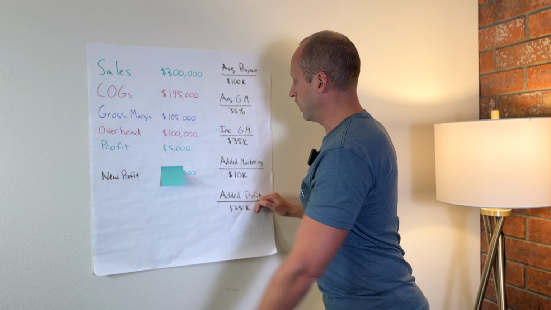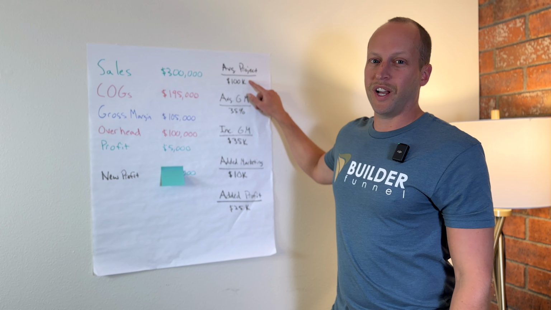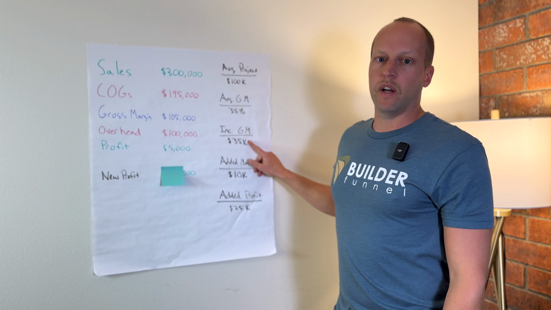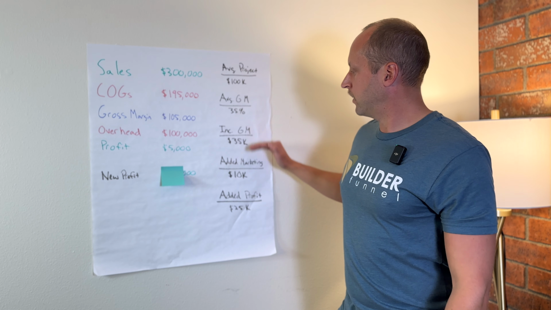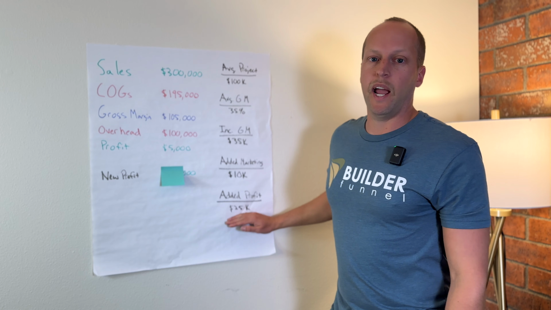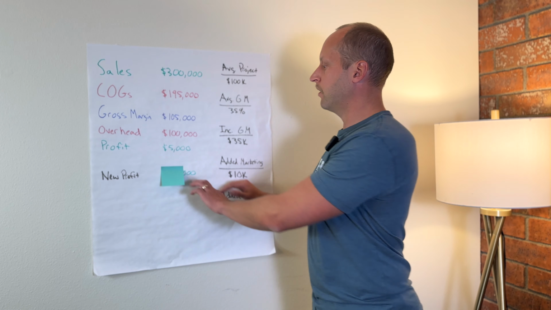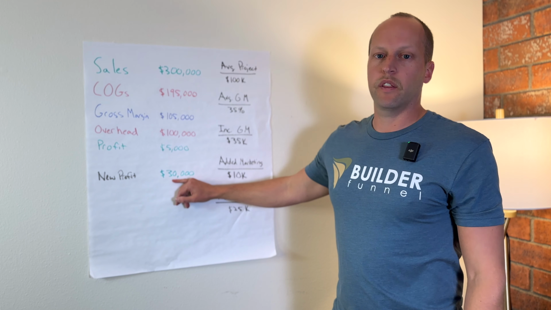And so if you are going to spend $10,000 to bring in one new customer, that means you're bringing in $35,000 in gross margin, right? So we're going to take our $35,000 minus the $10,000 that it costs to bring it in. That means we're adding $25,000 in profit, which means your new profit is $30,000.